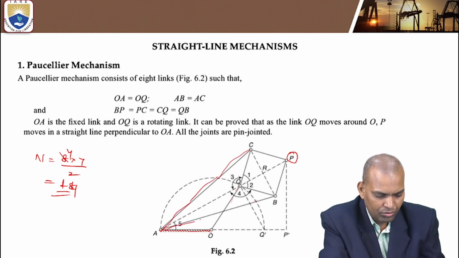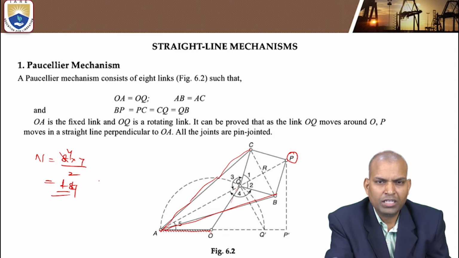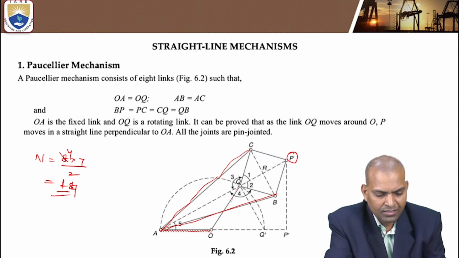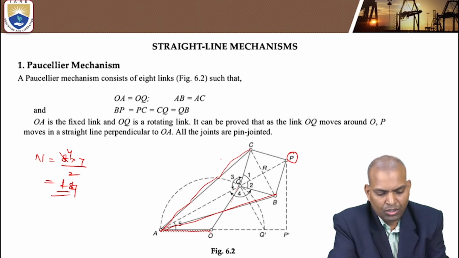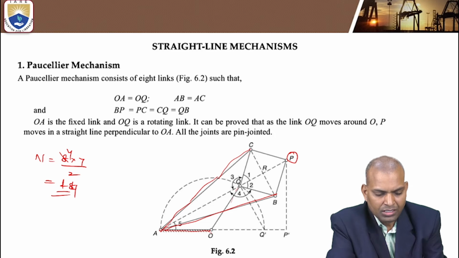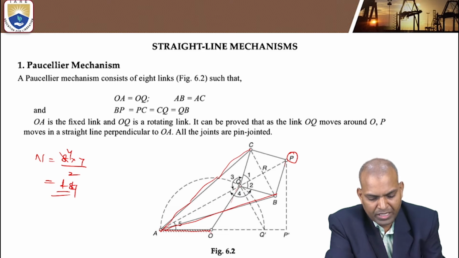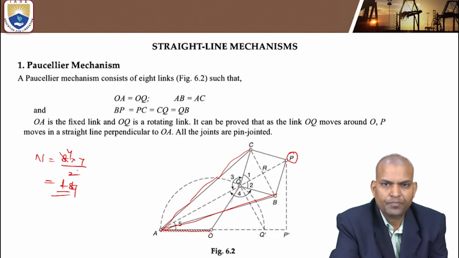What are the next links? It is a rhombus, like a square, where all the sides are equal. That is BP equals BQ, equals PC, equals QC.